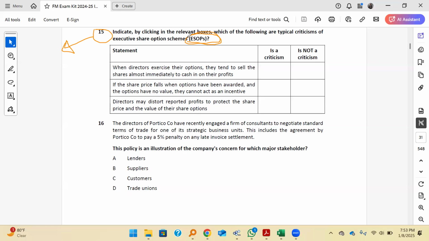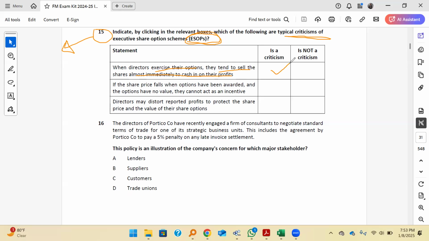Now we are looking for criticisms. And one of them, they're saying that when directors exercise their option, they tend to sell the share almost immediately to cash in their profits. And this is actually a right criticism. What happens with directors is that they don't intend to be part owners of companies.